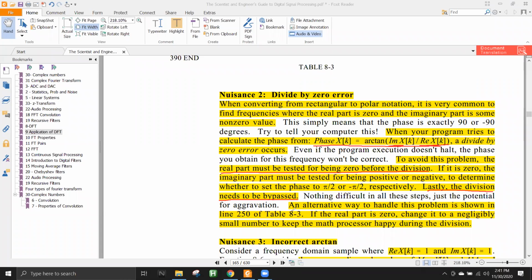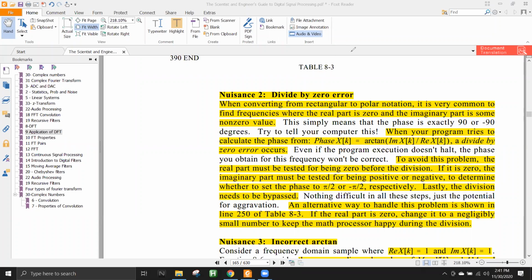Also there is an alternative way, and this is an interesting thing, this is actually a better way to handle it. If the real part is 0, instead of performing the division, you change it to a negligibly small number. It is shown in line number 250 in this code.